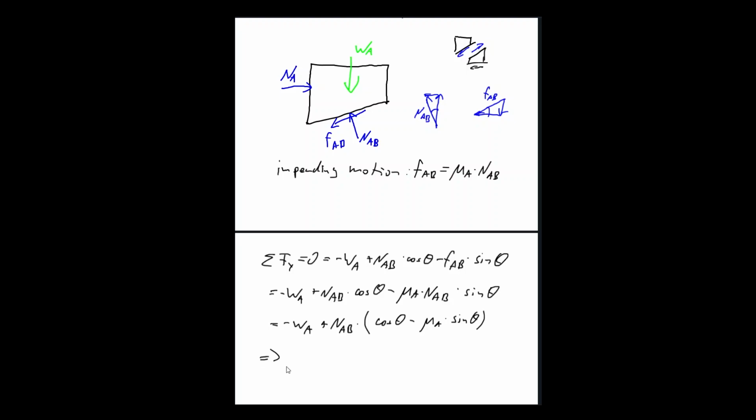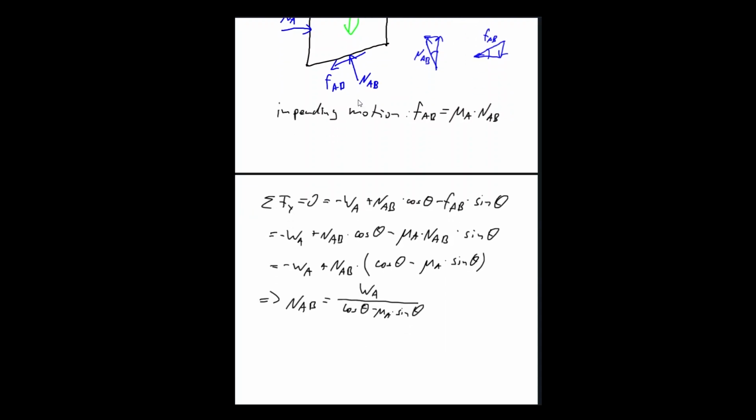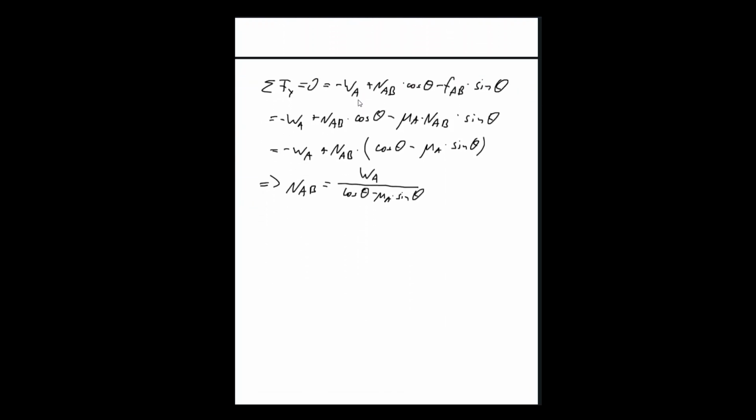That means we can solve for NAB by just dividing by that whole bracket. The WA is negative, so that's nice. It'll become positive. NAB equals WA divided by cosine theta minus mu A times sine theta. All right, so we have NAB, because again, WA is going to be given, the angle is going to be given.